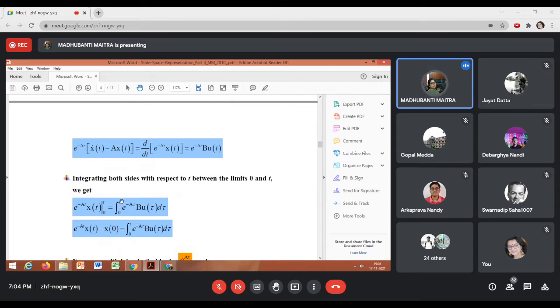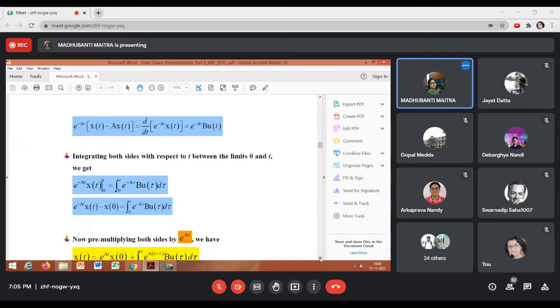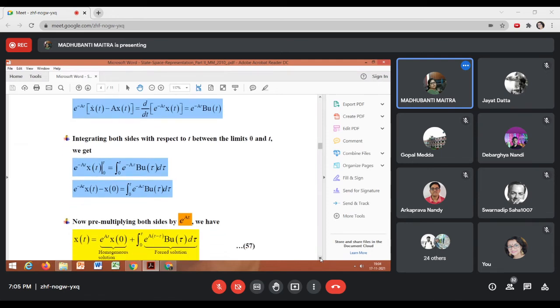Since the upper limit is t, within the integration sign the variable has been converted to tau. Clear?